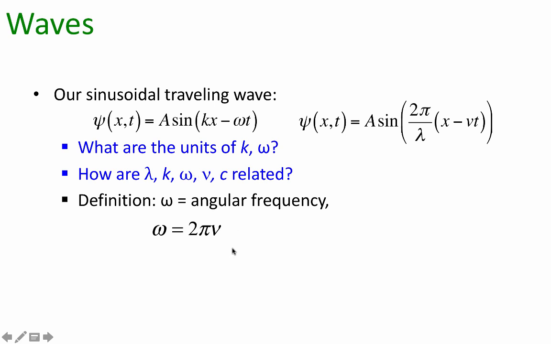So notice it now. Omega equals 2 pi nu, and the angular frequency is related to the frequency nu with units of radians per second, or what we write as inverse seconds.